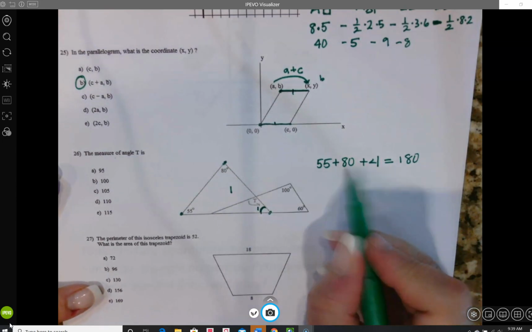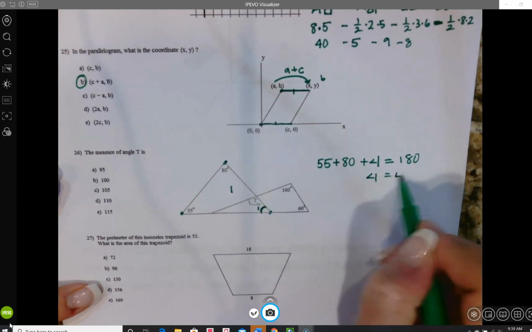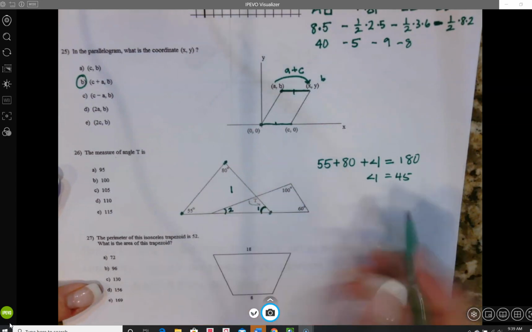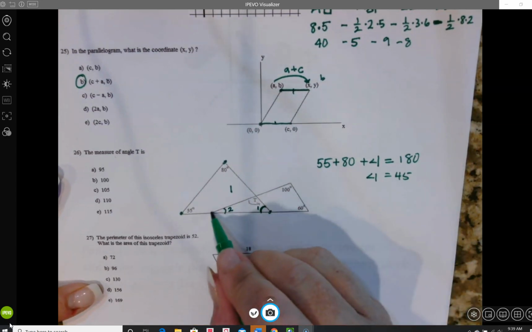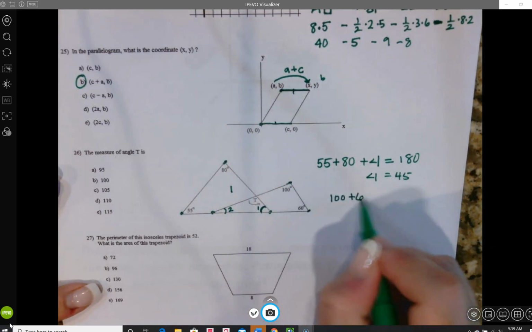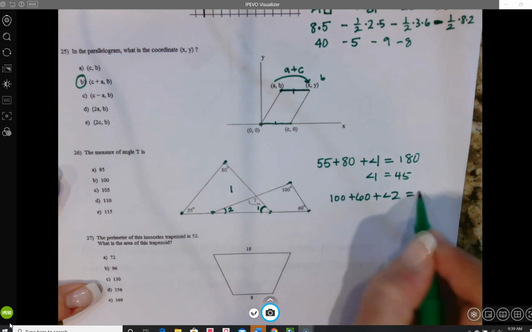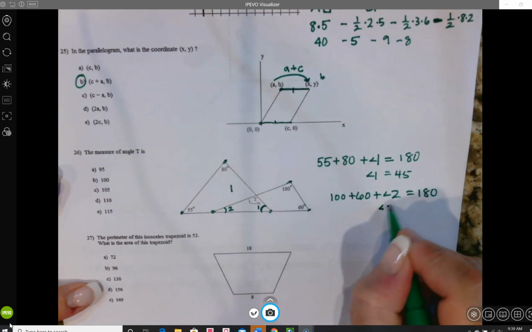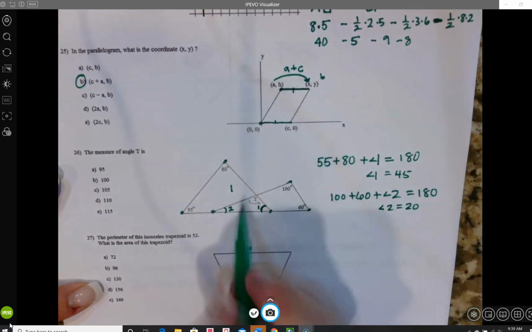So subtract off, and we get angle 1 is 45. And I'll call this angle 2. So angle 2 is part of this other triangle. So 100 plus 60 plus angle 2 equals 180. So my angle 2 here, if I subtract 160 off, equals 20.